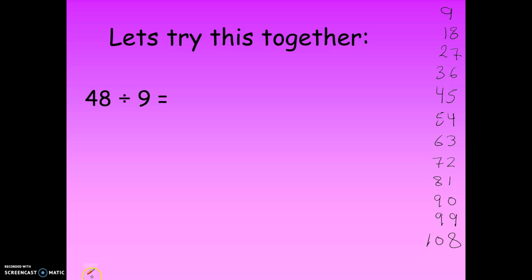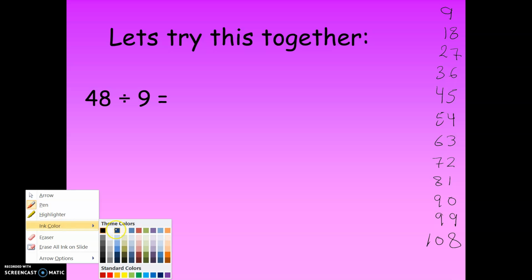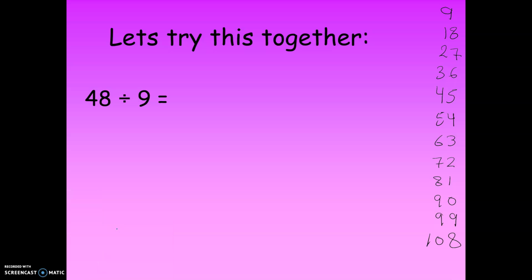Ask yourself, what is 48 in the timetable of 9? There is no 48 in the timetable of 9, but for sure 48 is located somewhere between 45 and 54. It means I can distribute only 45 candies.